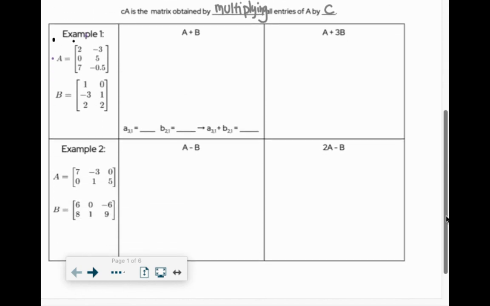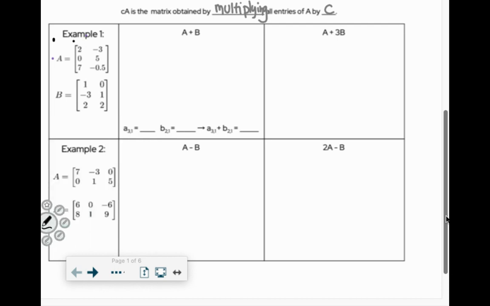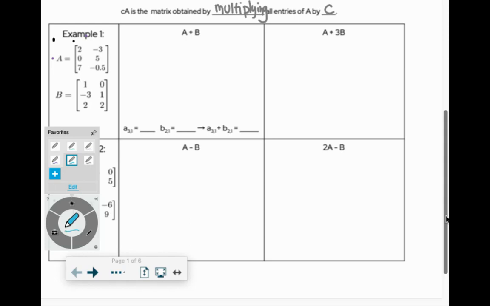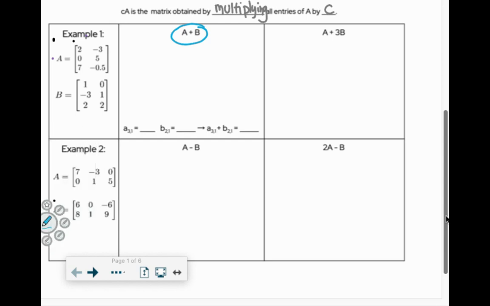Okay, so for example 1, you have over here on the left side what A and B equal. For this first one, we are going to add A and B together. I'm not going to show a lot of work.